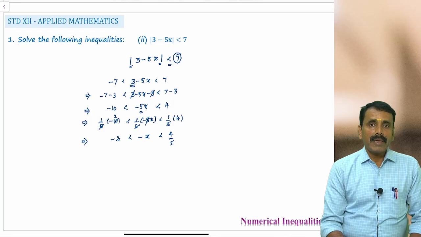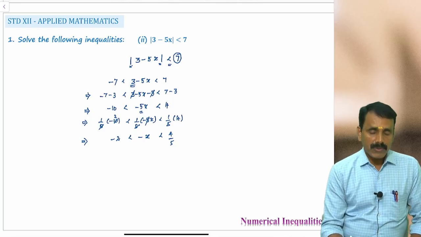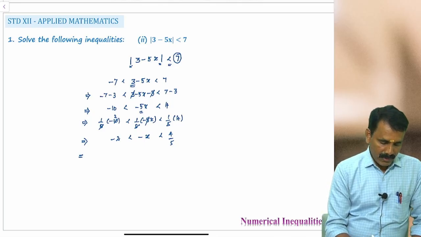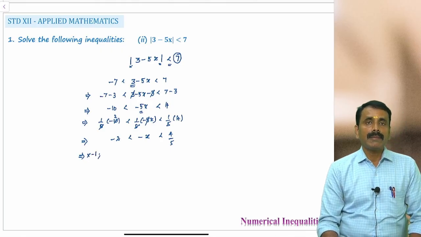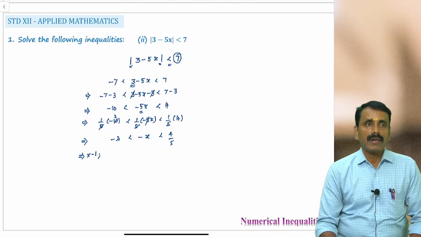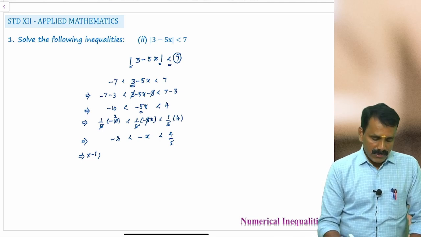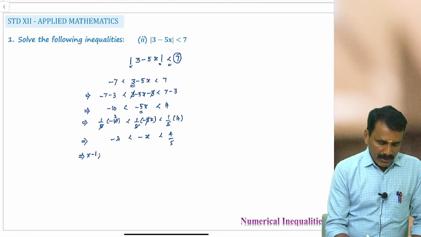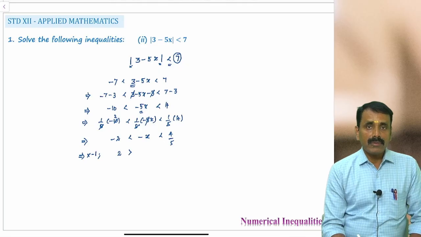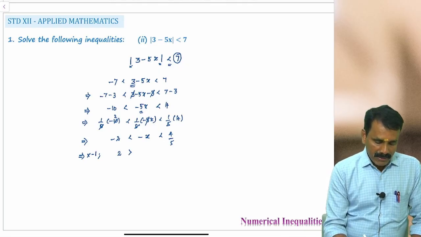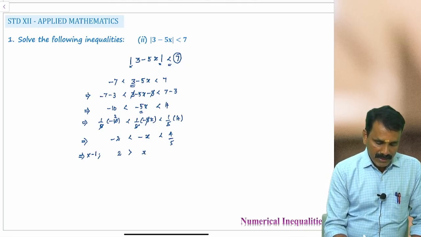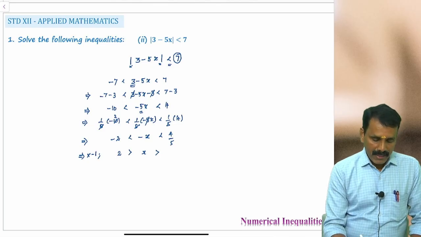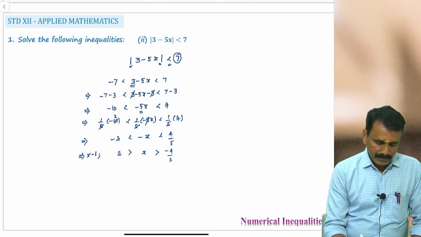Now we have to remove the minus symbol, so we multiply by minus 1. When you multiply by minus 1, we have to be very careful with the inequality. Whenever we multiply by a negative number, the inequality is reversed. You all know, correct? So I multiply by minus 1: minus 1 into minus 2 will be 2, and I change the inequality symbol to greater than. Minus of minus x will be x, greater than minus 4 by 5.